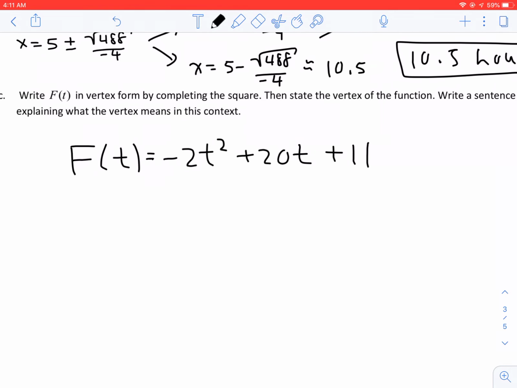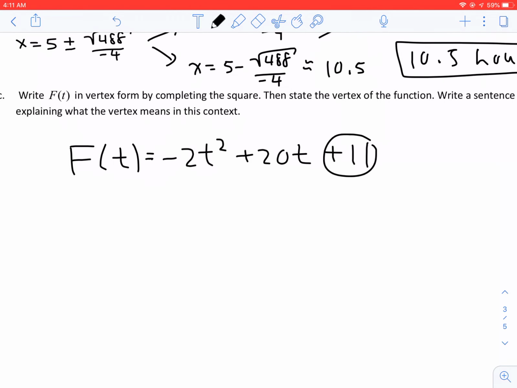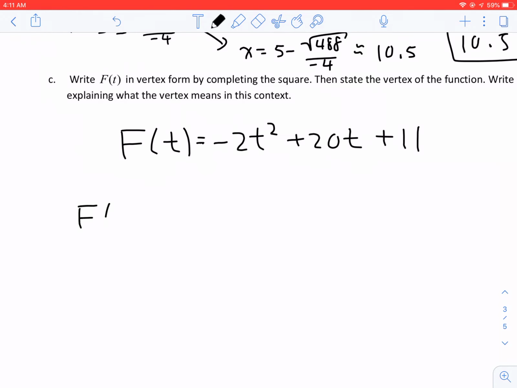So we're going to move the 11 over to the other side. So f of t minus 11 equals negative 2t squared plus 20t. And remember, before you can complete the square, this coefficient always has to be 1. So we're going to factor out that negative 2.